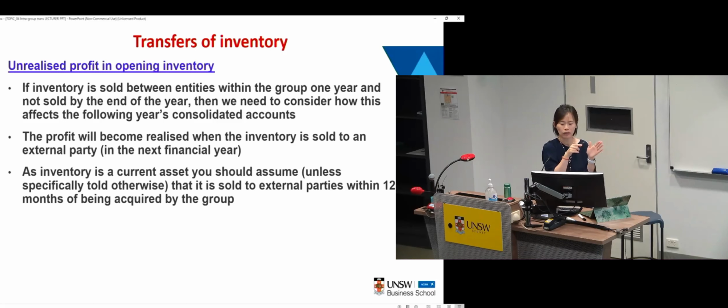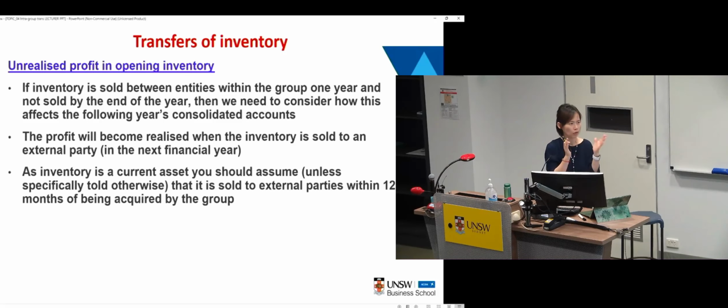Then we have to consider how this affects the year 23 consolidated accounts, because this inventory will become the opening inventory of year 23 and will be sold in year 23.